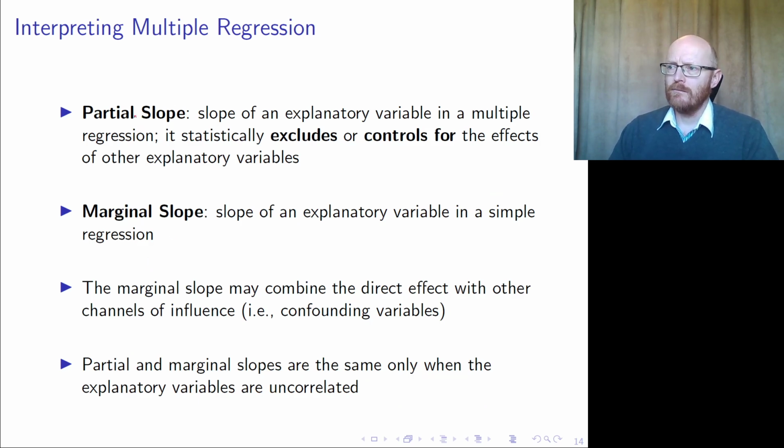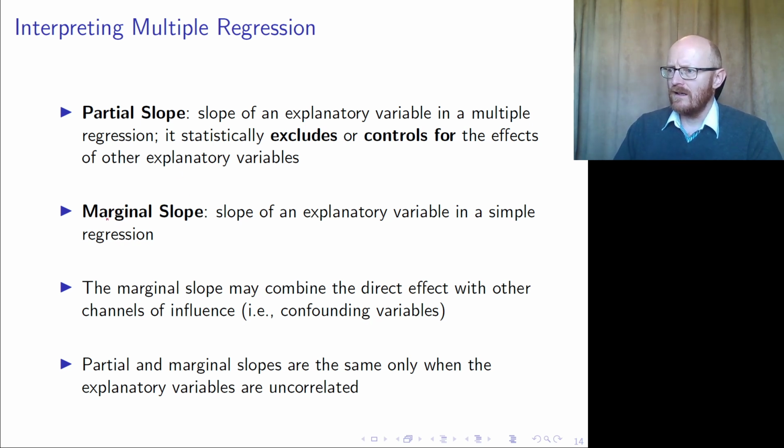So if we look at the slopes in the multiple regression, then we call these partial slopes. Okay. Because it excludes or controls for the effects of other explanatory variables. So if there is a correlation between the x's, then the multiple regression model accounts for that.